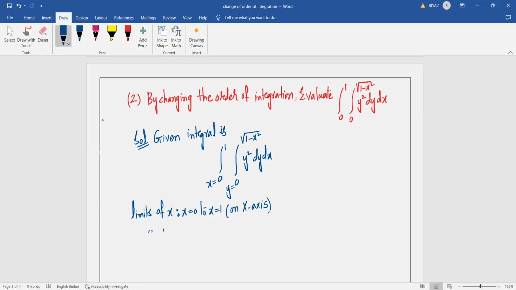Now limits of y. y is equal to 0, which is definitely the x-axis, to y equals under root 1 minus x square, and it definitely lies on a strip.